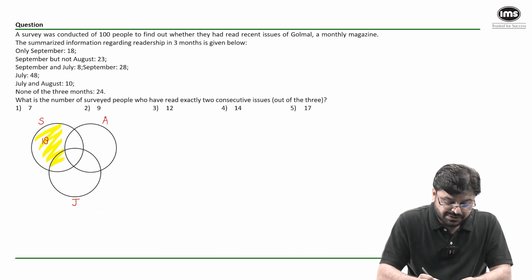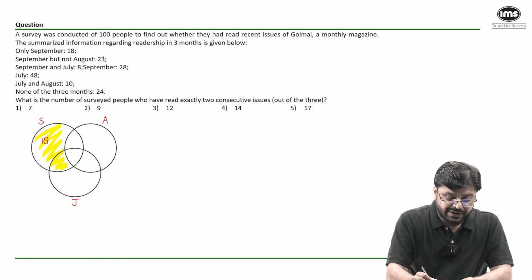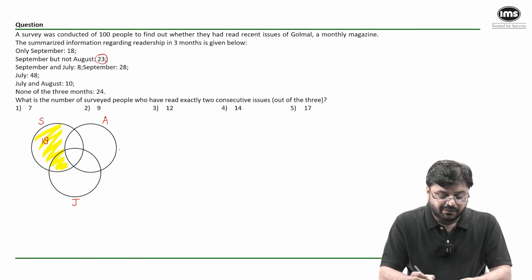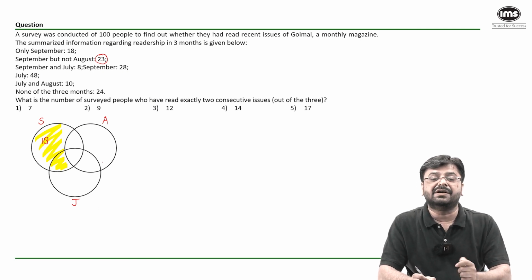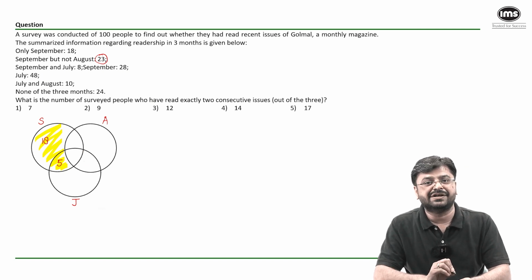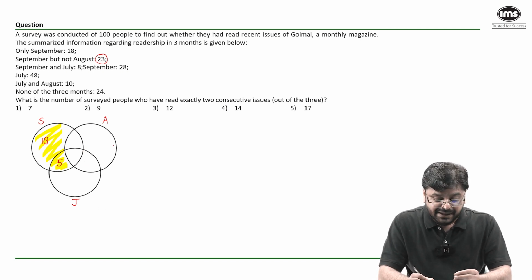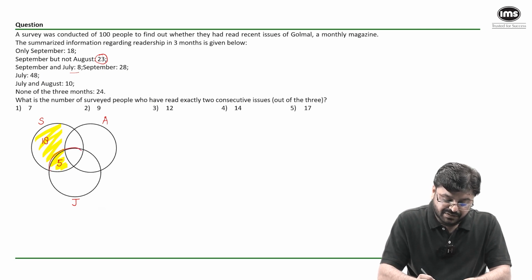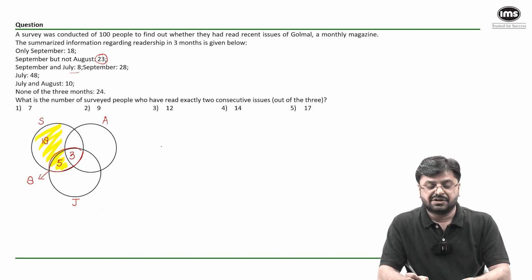And we already know September but not August, this yellow part, should be 23, whereas only September is 18, which means the number of people reading September and July but not August will be 5. This must be 5 because the total is 23. September and July is 8. What is September and July? This part. This is 8, of which this is 5. So the number of people reading all 3 should be 3.